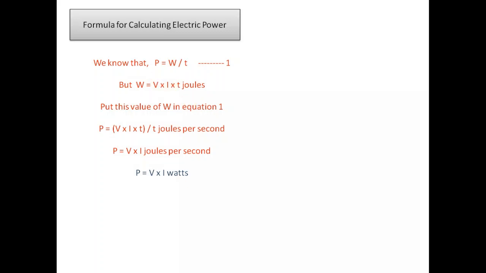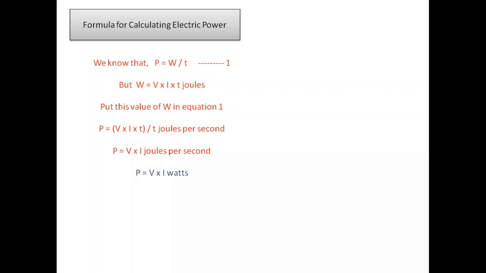We can substitute this value of W in the first equation. Instead of W, we write V into I into t and then divide by t. t gets cancelled out and we remain with P equals V into I joules per second.